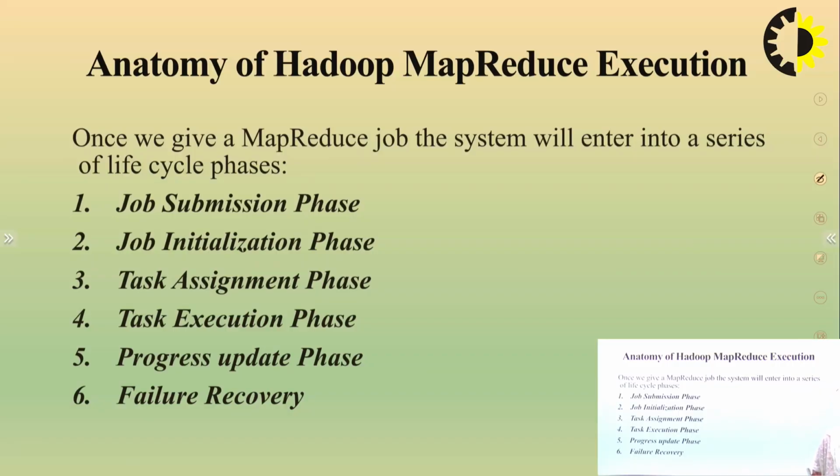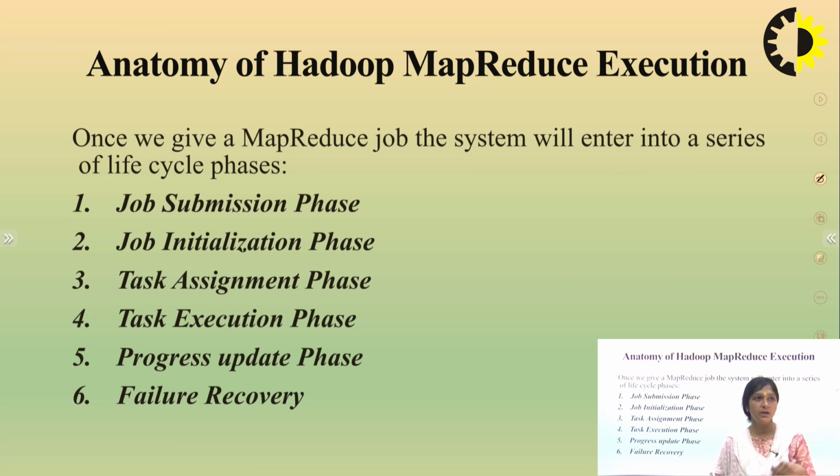In the MapReduce process, I told you how we do the distributed processing. Now, how will we run that MapReduce job? The anatomy of a Hadoop MapReduce run is divided into 6 phases, meaning how we will execute the MapReduce jobs.